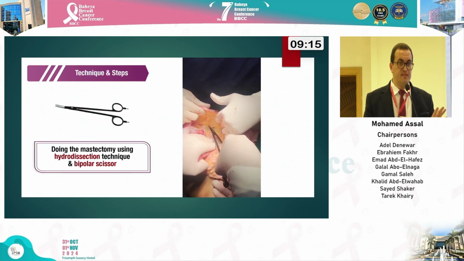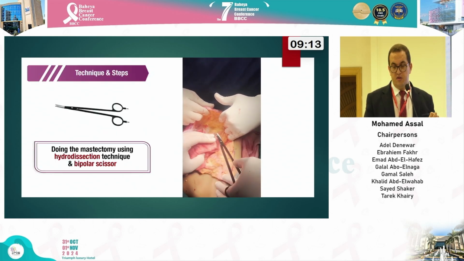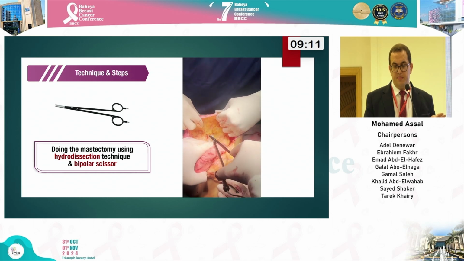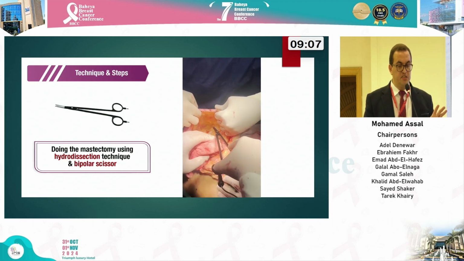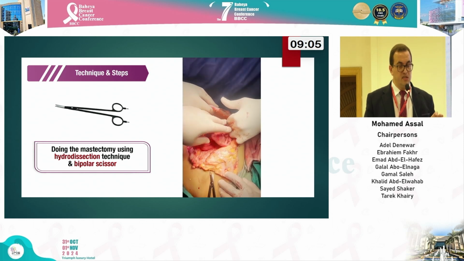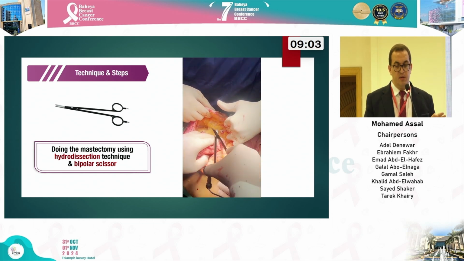Mastectomy, like any mastectomy, the universal plane between the breast parenchyma and subcutaneous fat. Usually, we prefer to use a combination between the hydrodissection technique, diluted adrenaline solution, and the bipolar scissor.